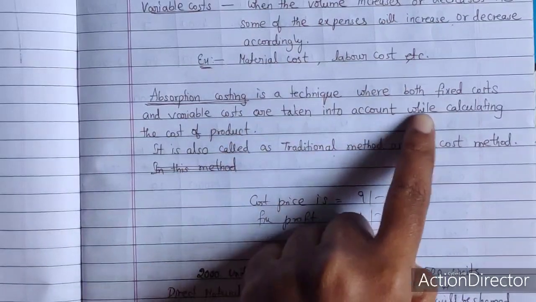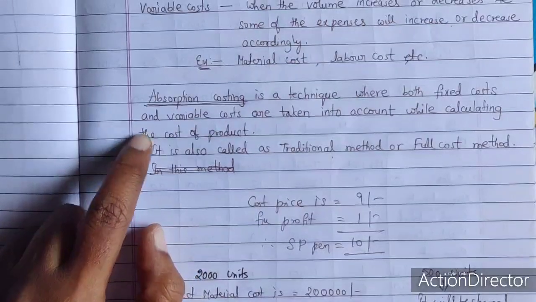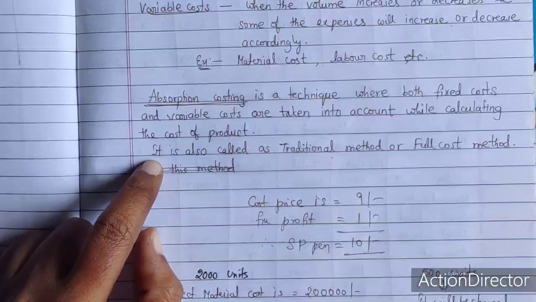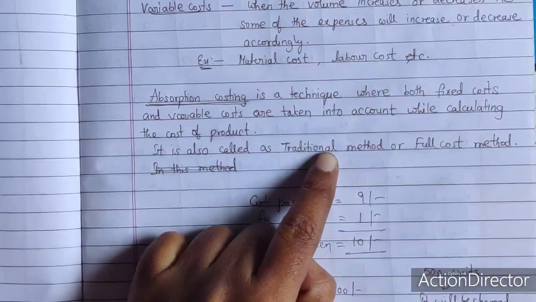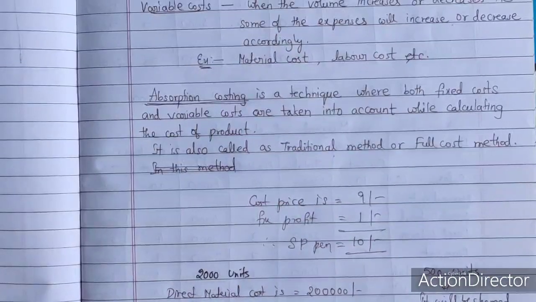This is a technique where both fixed costs and variable costs are taken into account, and this is an old technique, also called the traditional method or full cost method.